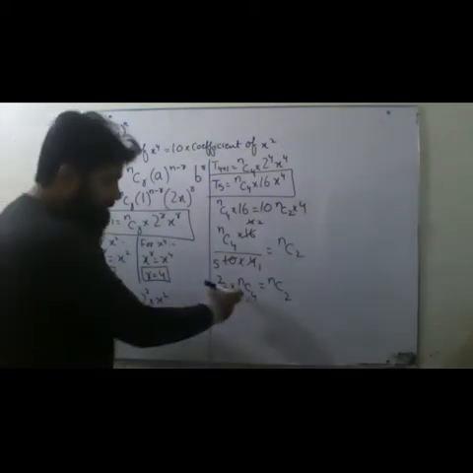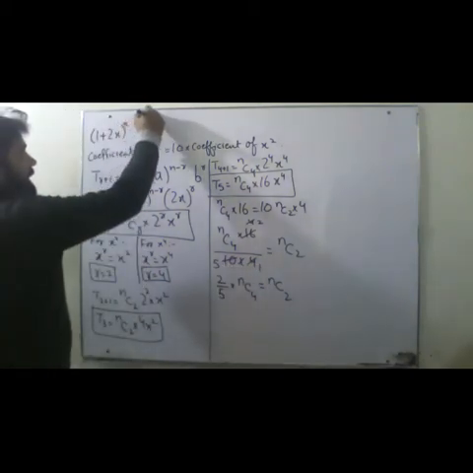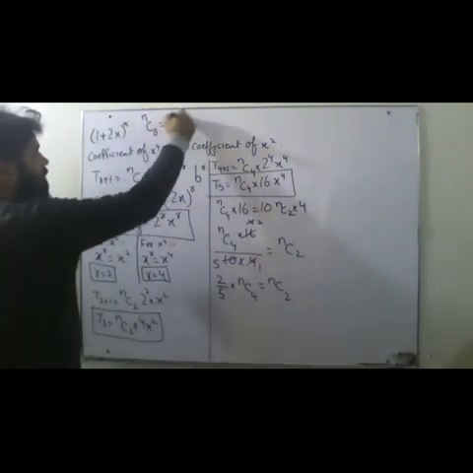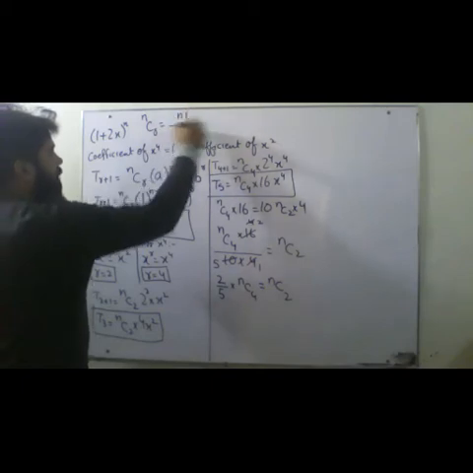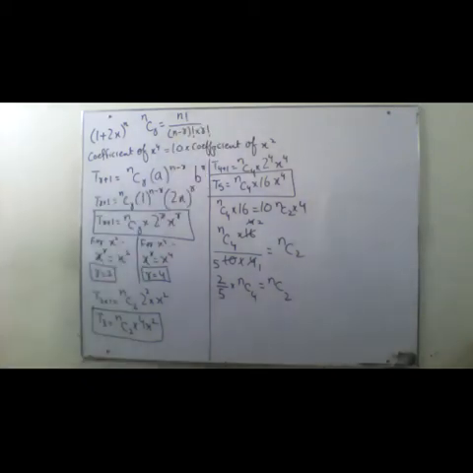Now expanding it with the formula which we have done yesterday, nCr equals n factorial over (n minus r) factorial into r factorial.